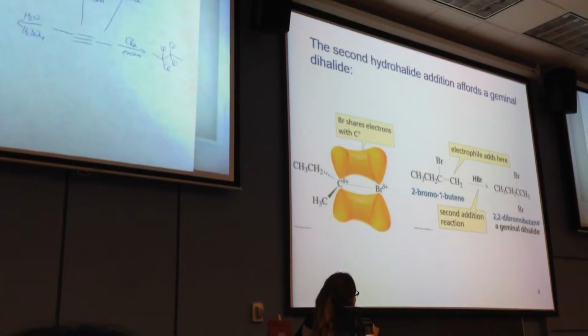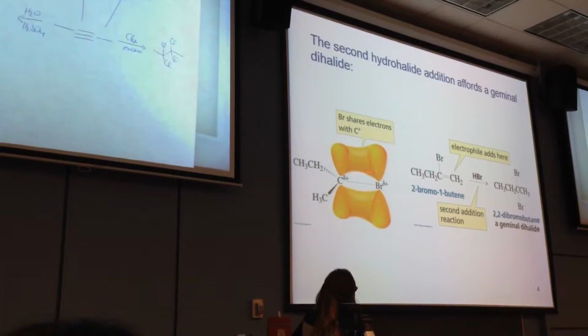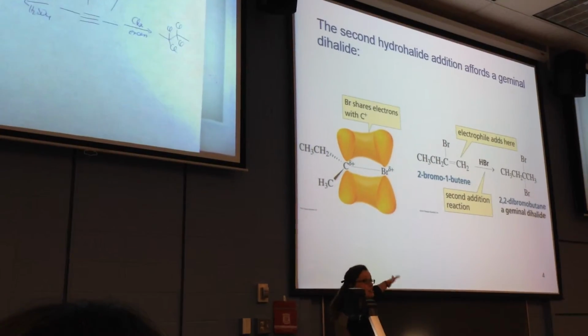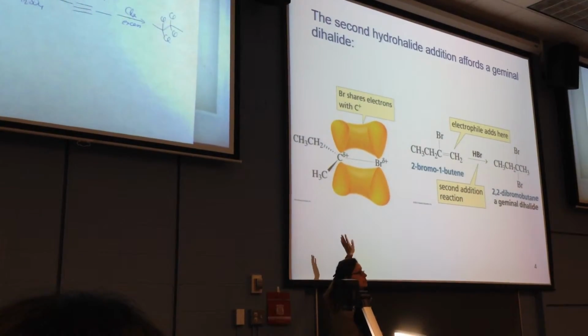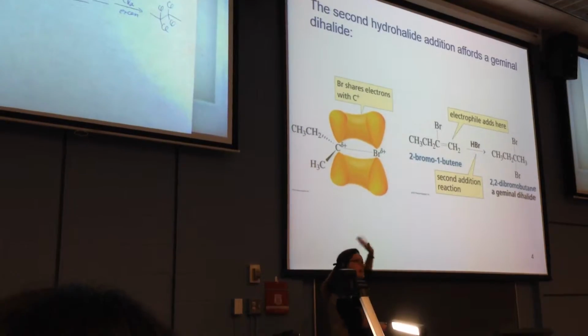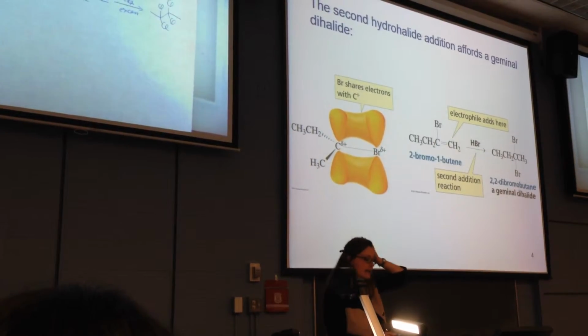So two bromides end up here because of this donation between lone pairs of the halogen to what is really an sp2 hybridized, not a carbocation, but a vinylic cation.